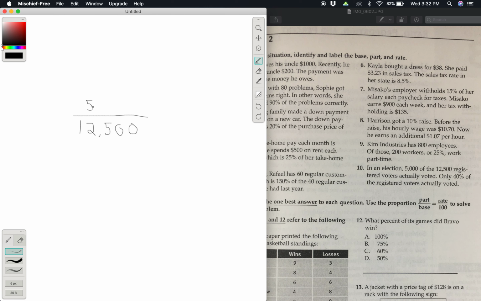Okay, so 5,000, which is 40%. 5,000 is 40% of 12,500. So again, base, part, rate.